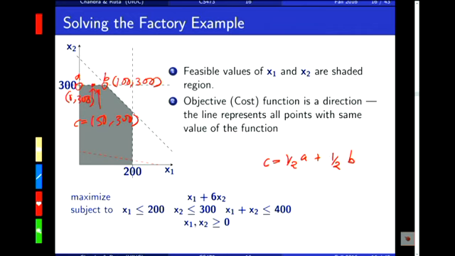A convex combination is a linear combination of the given points where the coefficients are non-negative and they sum up to 1. You might have seen this somewhere, right? So any point in the shaded region is actually a convex combination of its extreme points.